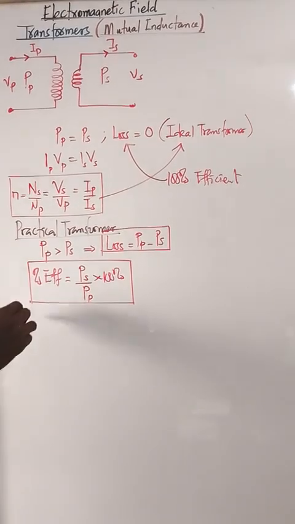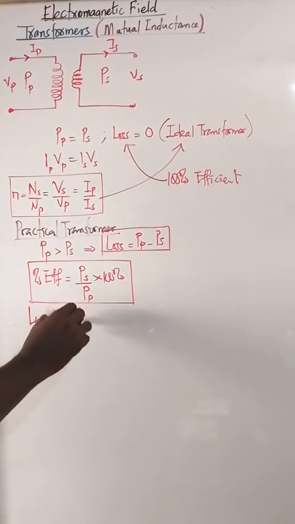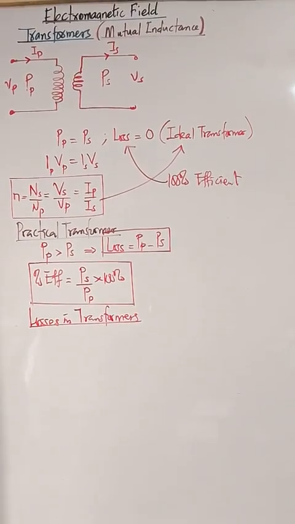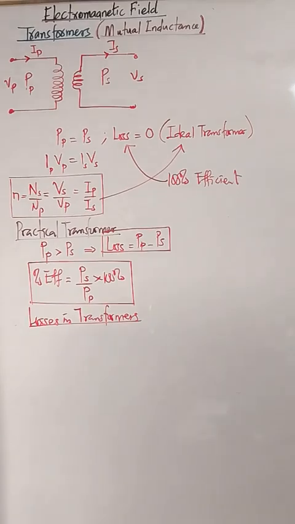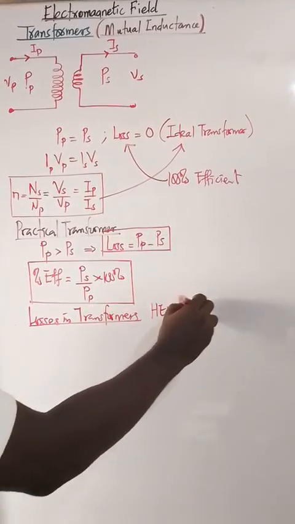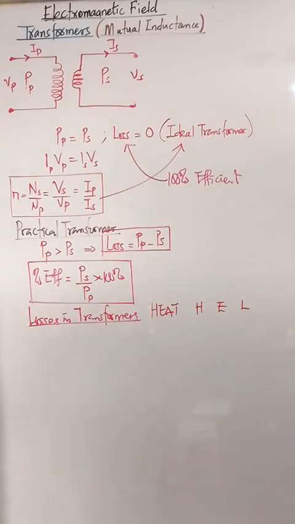Then lastly, what are the losses in a transformer? Losses in transformers. We actually have 4 losses, which I will abbreviate as HEL, because in it we have what? A lot of heat generated there.